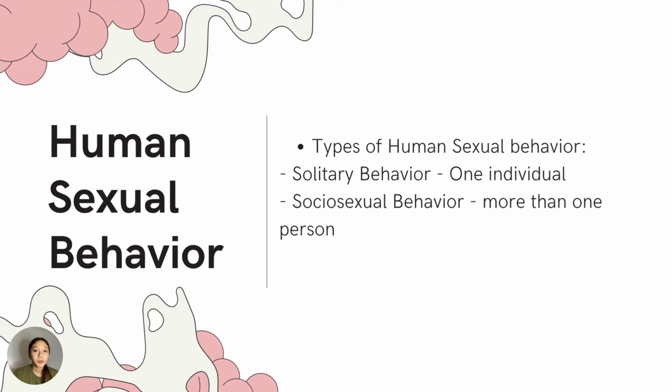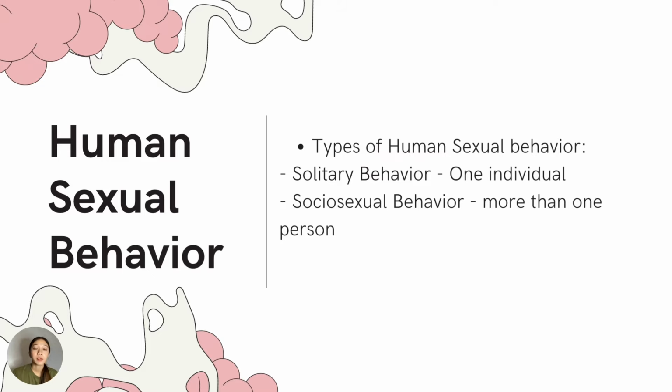Next, types of human sexual behavior. So, there are two types of human sexual behavior. These are solitary behavior, or ikaw lang isa, one individual, and then socio-sexual behavior, or more than one person. As sexual beings, it is likely for human beings to engage in sexual activities.